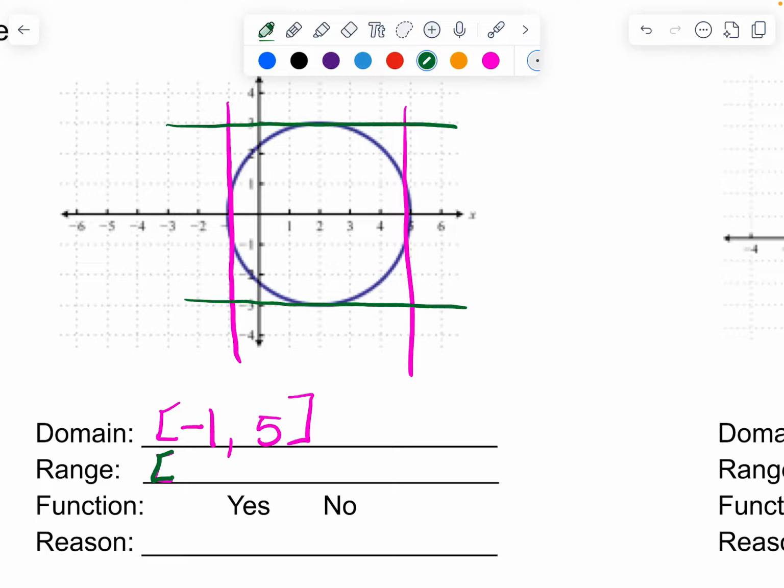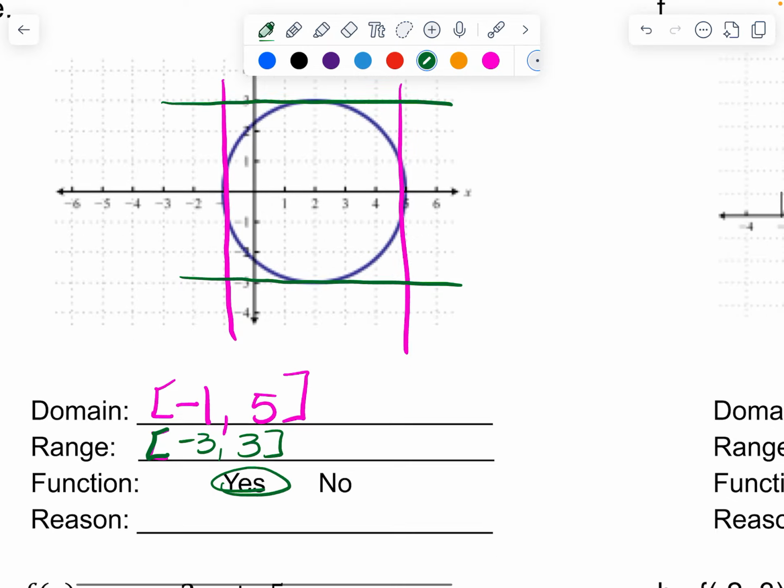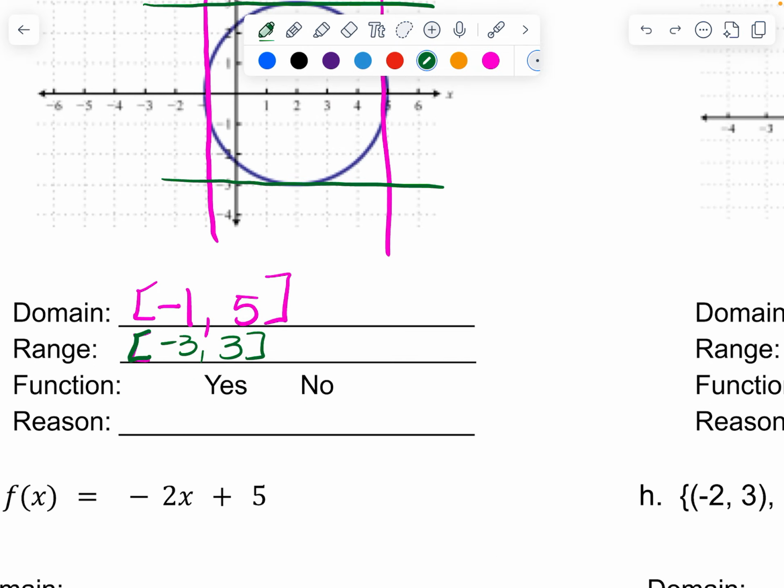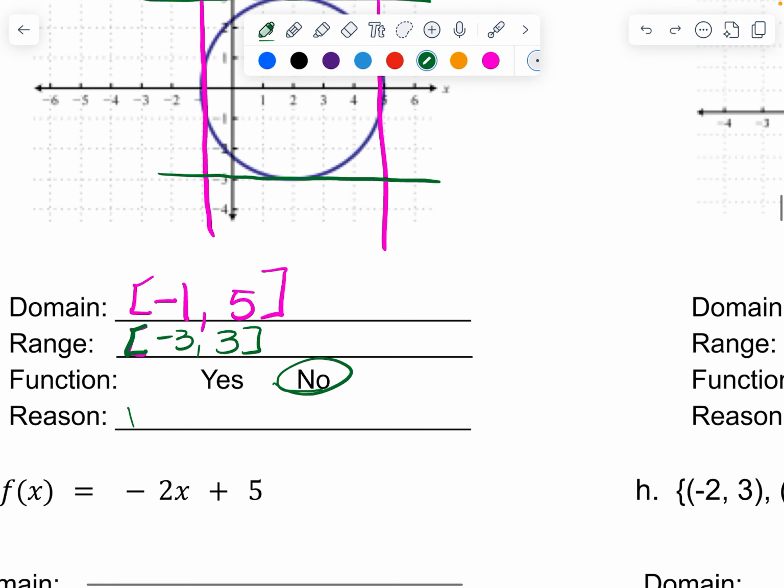It's going from here to here. So from -3 to +3. Function, yes, it's a function. No, it is not. It fails the vertical line test.